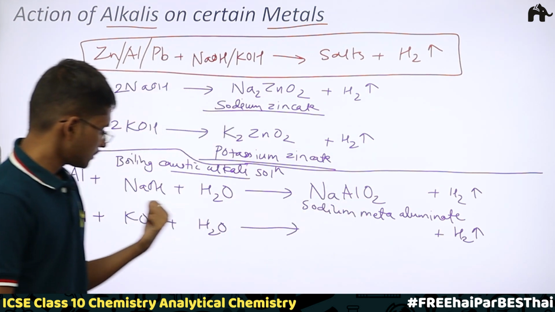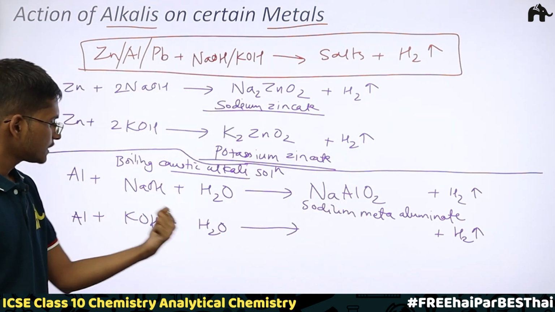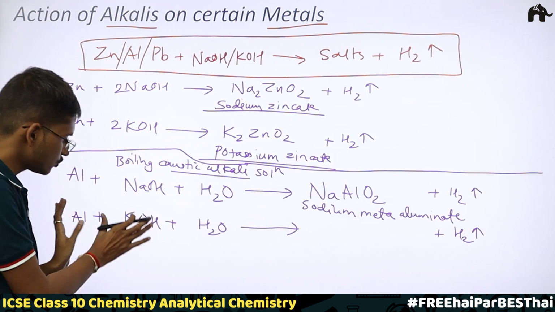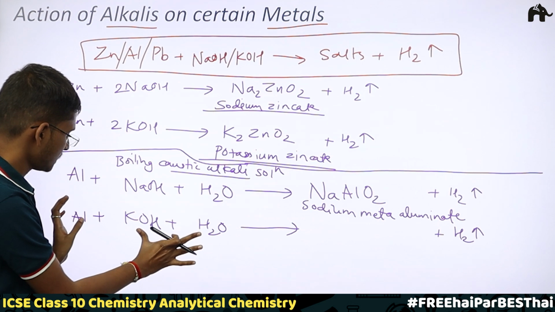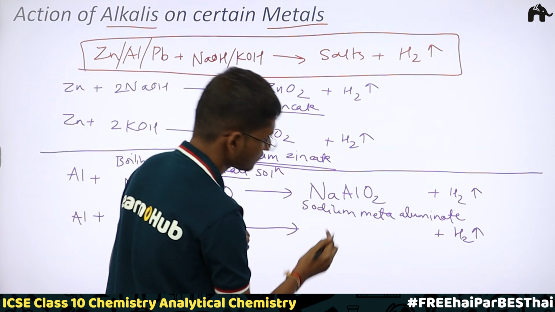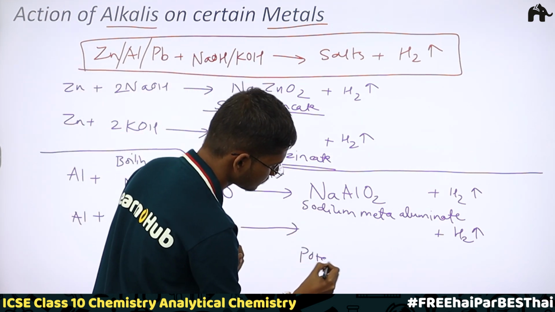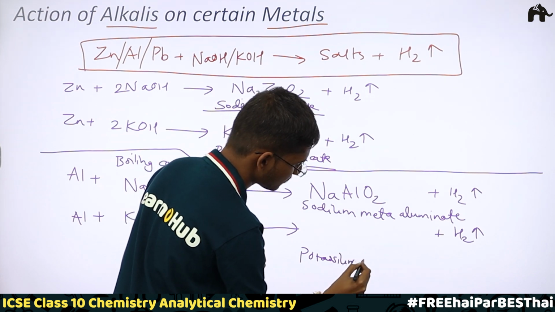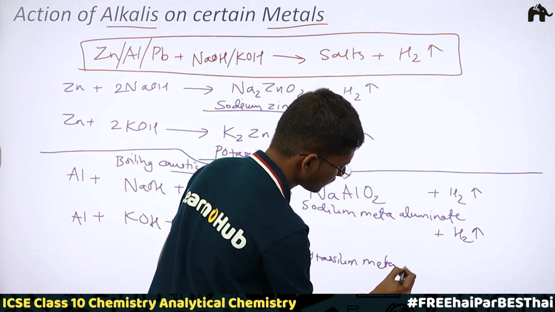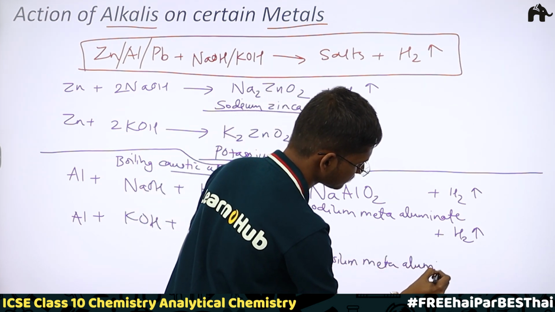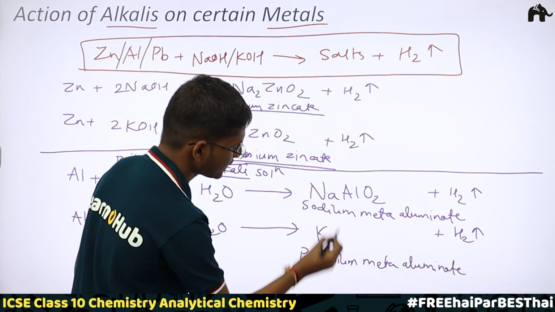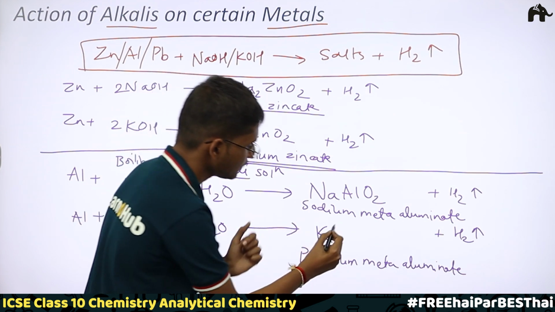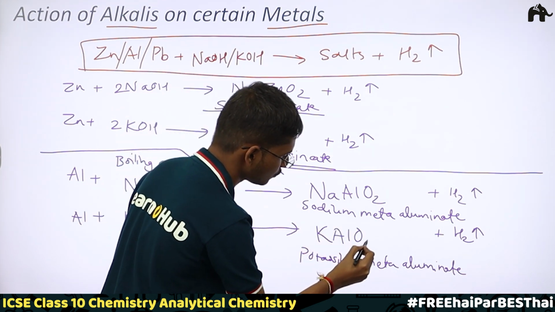In the same way, aluminium would react with boiling potassium hydroxide solution, and it would form potassium meta-aluminate. The formula would be exactly the same as that of sodium, KAlO2.